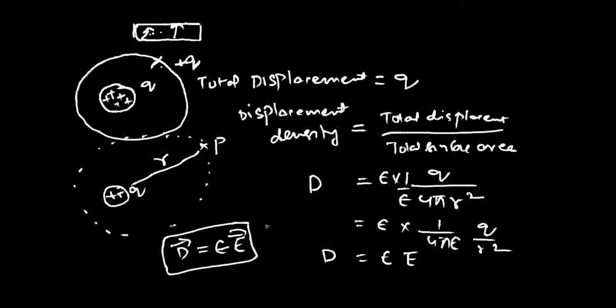There are some complex ways of relating these two quantities and proving that D is equal to epsilon E. However, I want you to understand a few important points here. One is the concept of the total displacement, which is equal to the amount of charge enclosed by the surface, and then the displacement density denoted by D, and D is equal to epsilon E, or D bar is equal to epsilon into E bar. This equation D is equal to epsilon E is valid only for isotropic materials.